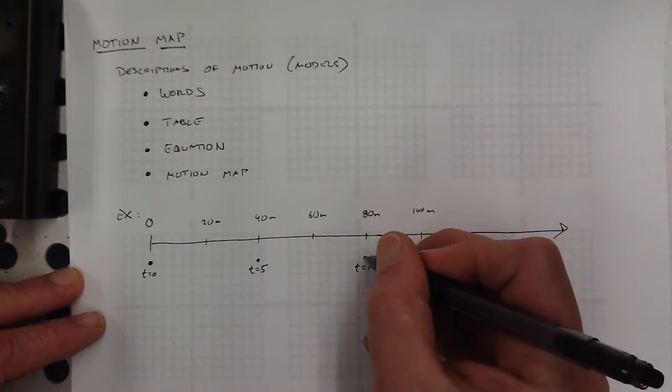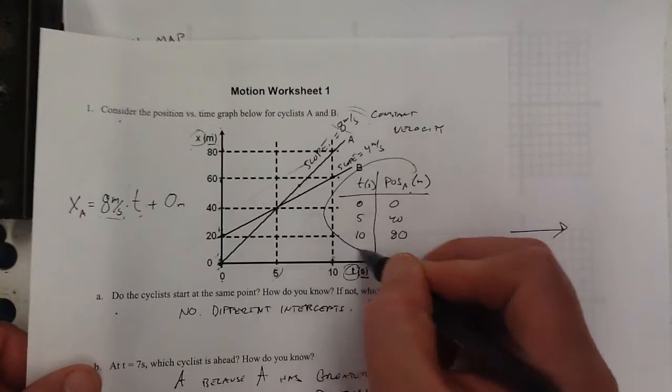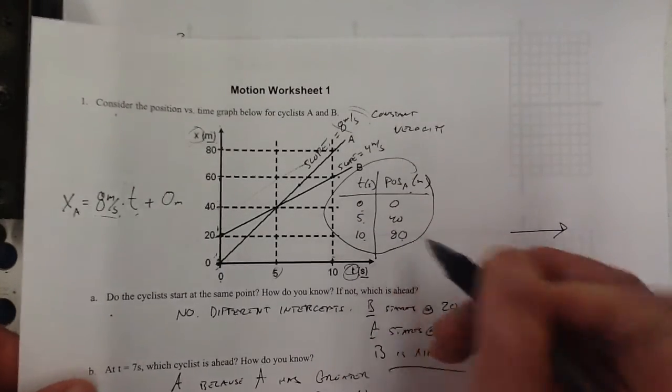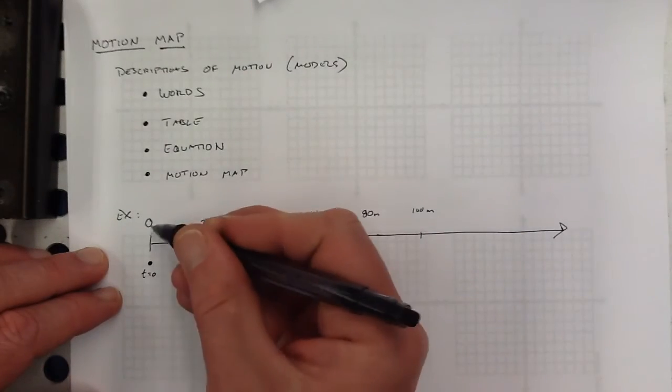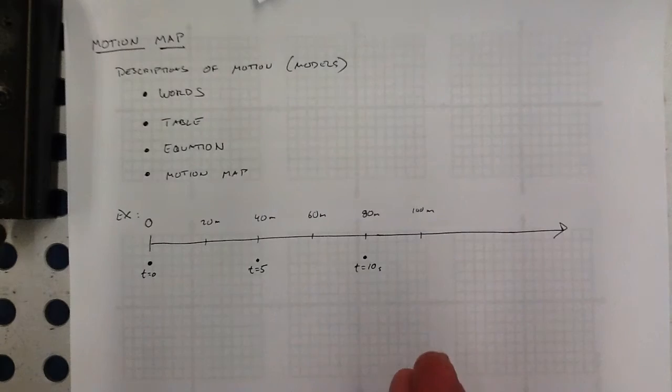So it's just another way of coding that information. I want you to look at this table here: 0, 0, 5, 40, 10, 80, and 0, 0, 5, 40, 10, 80. It's the same information.